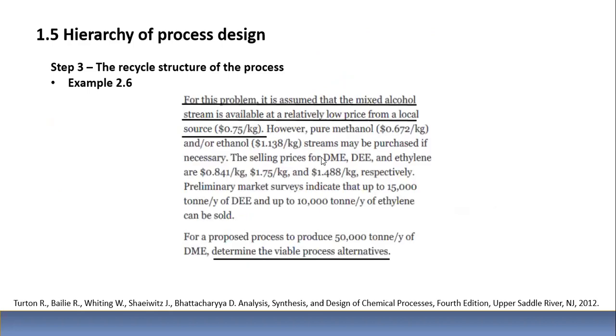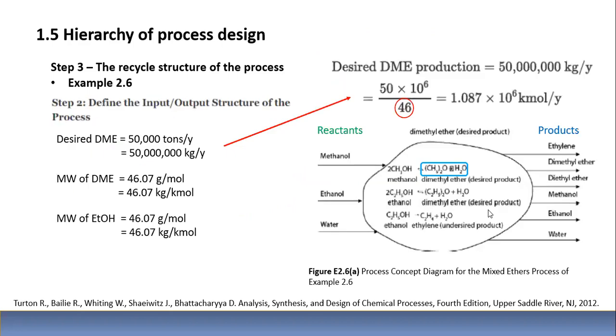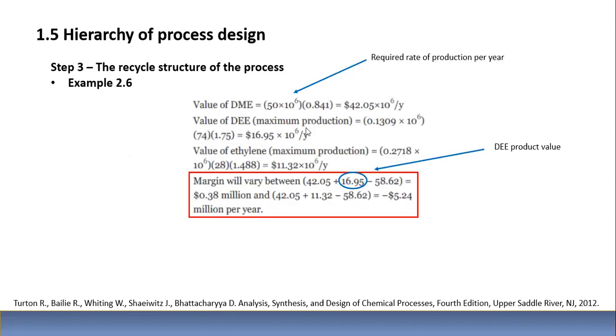It's here, the selling price of dimethyl ether, of diethyl ether and of ethylene. So we see the total value of dimethyl ether per year will be 42.05 times 10 to the 6 dollars per year. The value of diethyl ether would come from the production of diethyl ether.